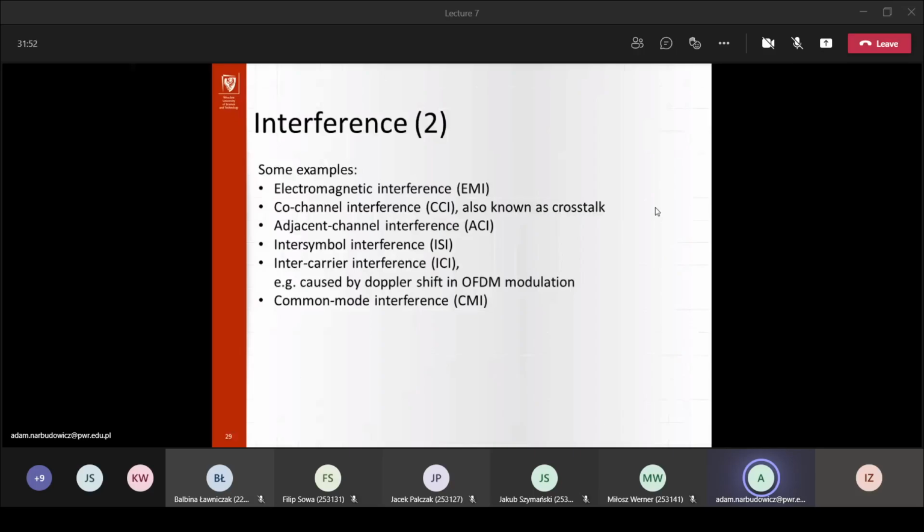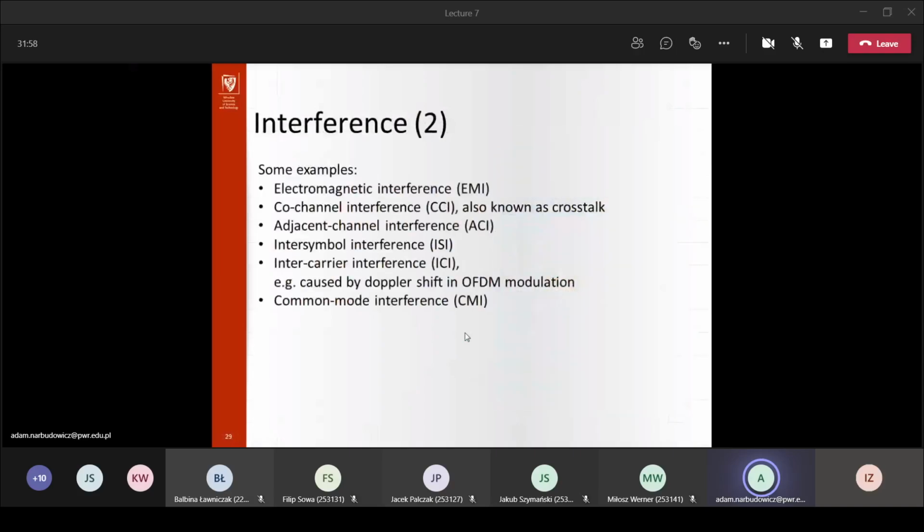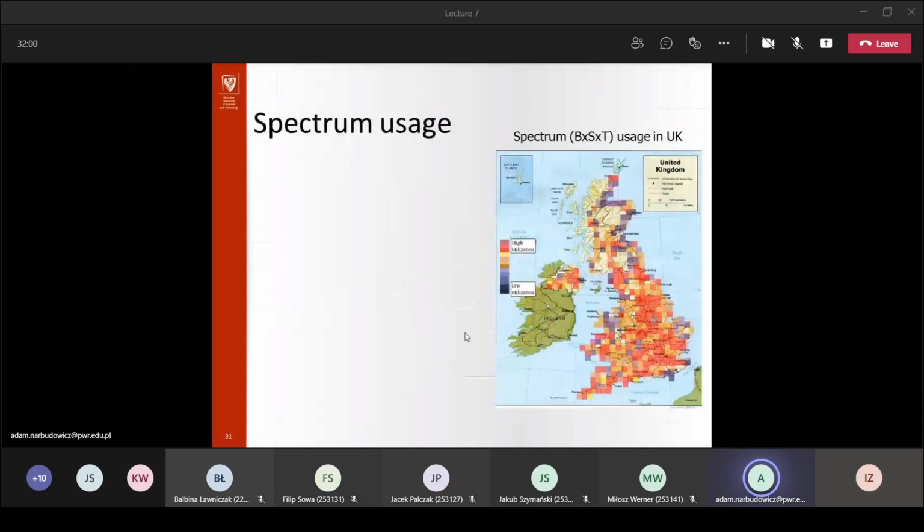In this lecture, I don't think we'll be talking about all of them in detail, but I wanted to point out some problems here. This is again given in the example of the UK, and you can see here the map. I believe it's of the UK.